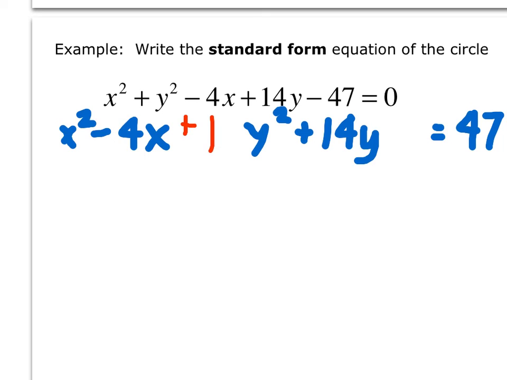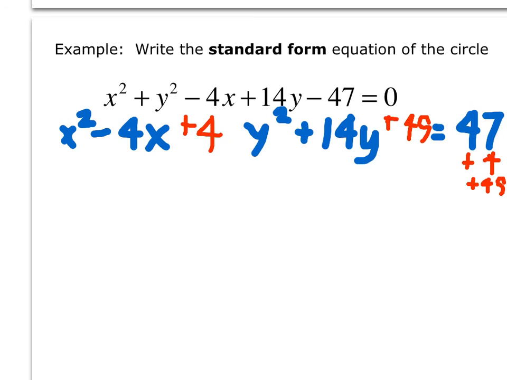I'm going to add 4 right in there, and of course I'm going to also make sure to add 4 on this side as well. Now taking a look at the y's, there the term I look at is the linear term again, the 14y. I take half of that, which is 7. I don't add 7 to each side, but I add 7 squared, which is 49. So I make sure to add that 49 to each side too.